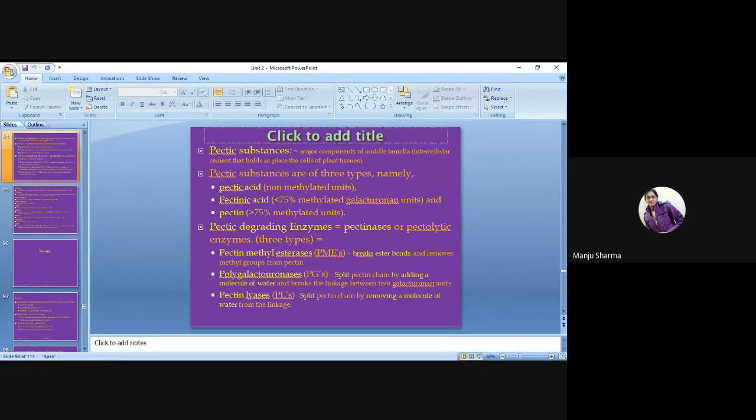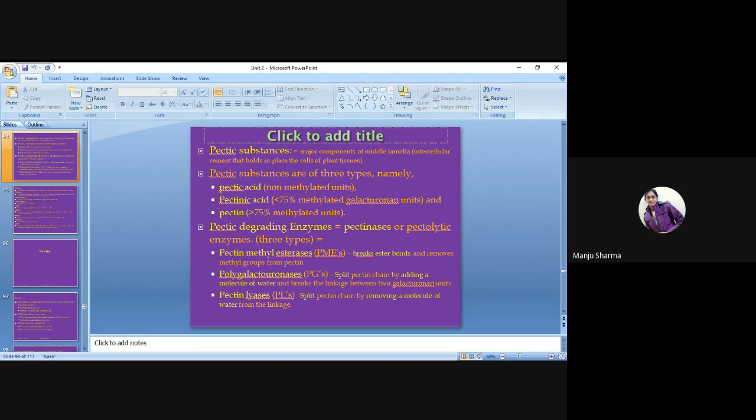Okay, that's why whenever the pathogen attaches to the host, first of all there will be a role for the different types of enzymes, according to which component the cell wall is made up of.